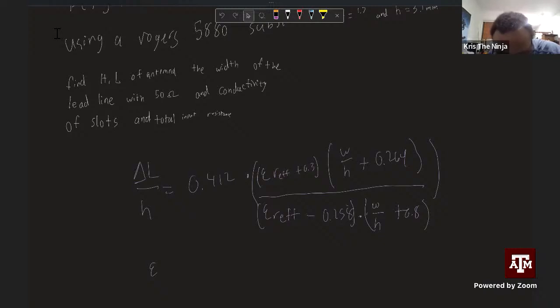And then you can find W with C over 2 FR. I have it as C over 2 FR. So W equals C over 2 FR.